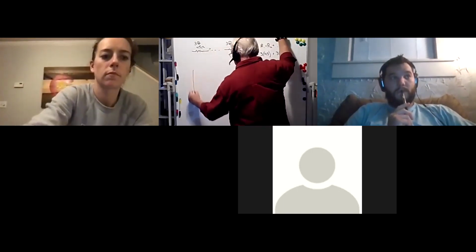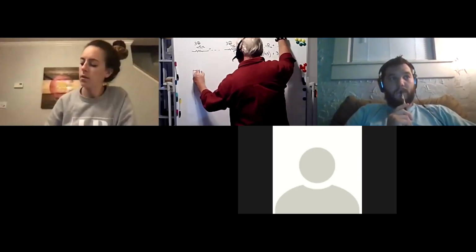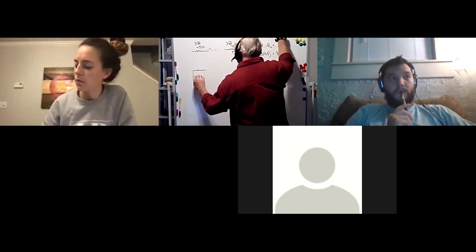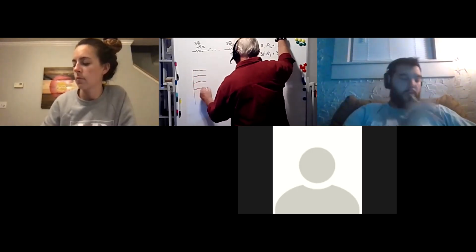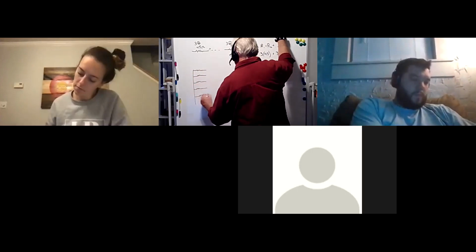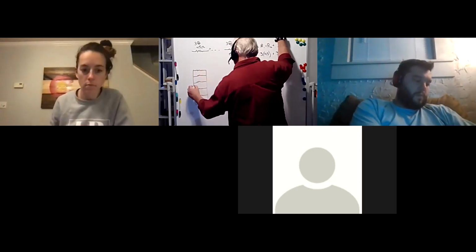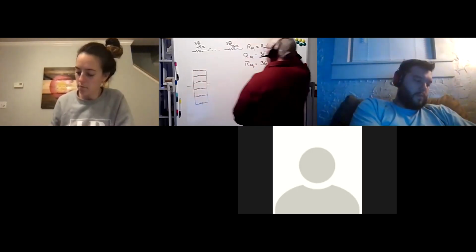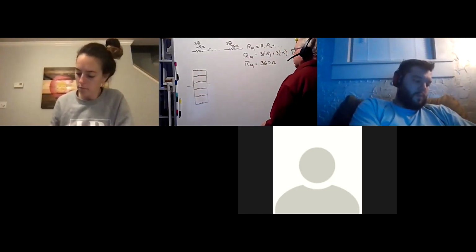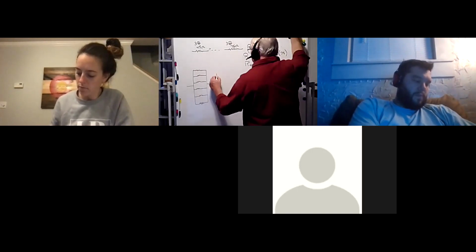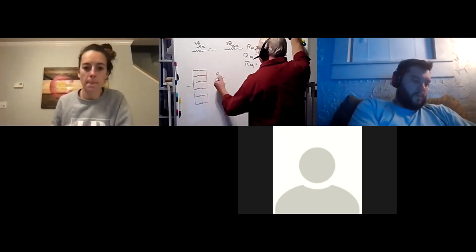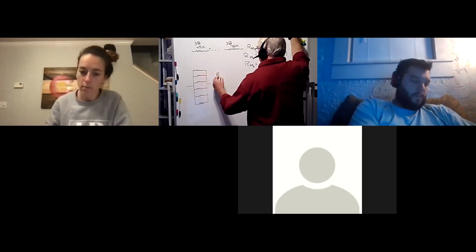So we're going to have multiple lanes like that. Now I have multiple lanes to go through, so this is going to be easier to travel.